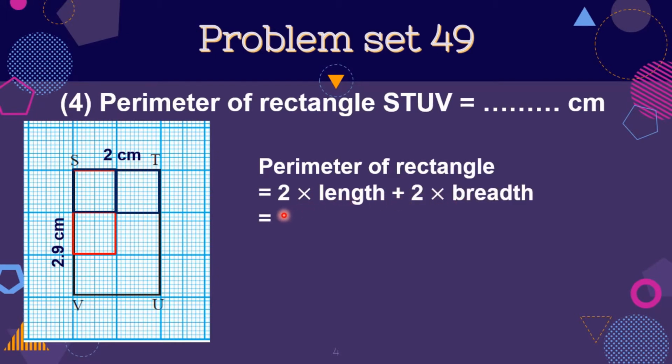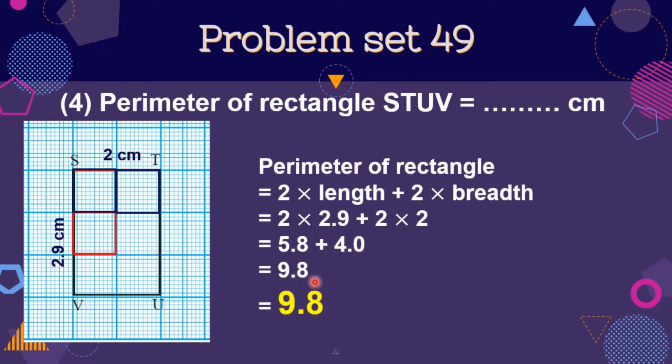So we write 2 into 2.9 plus 2 into 2, which is equal to 5.8 plus 4.0, which is equal to 9.8. Hence we get the perimeter of this rectangle STUV is 9.8 centimeter.